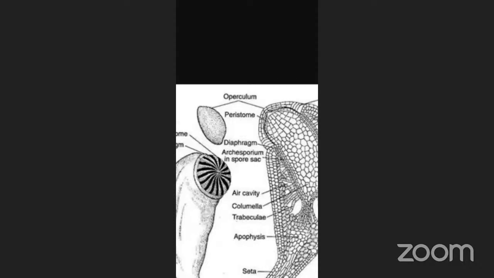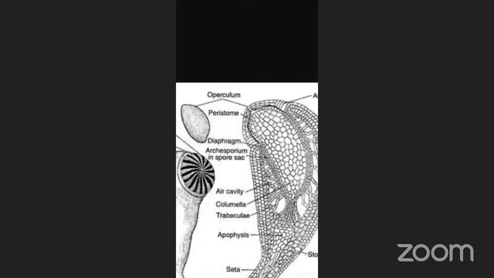Okay. So the next one is the dehiscence of the spores. As the capsule matures, the cells of the columella, operculum, the base of the annulus and other thin-walled tissues of the capsule lose their water and shrink.